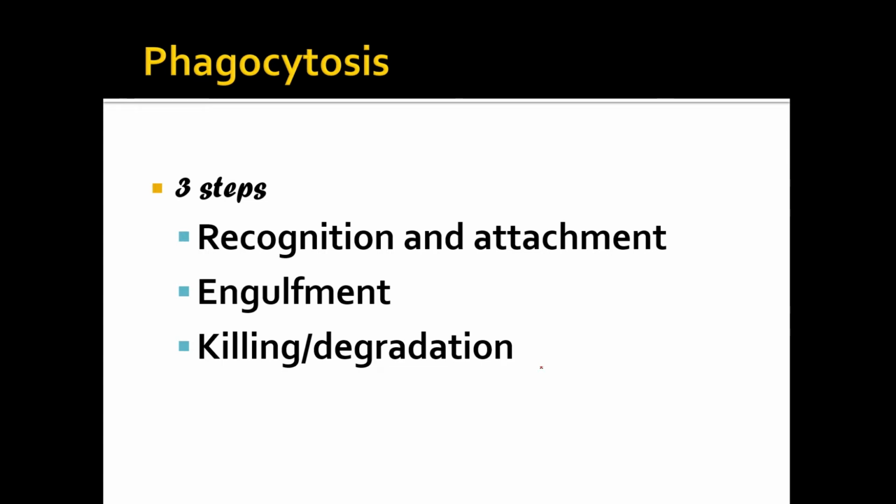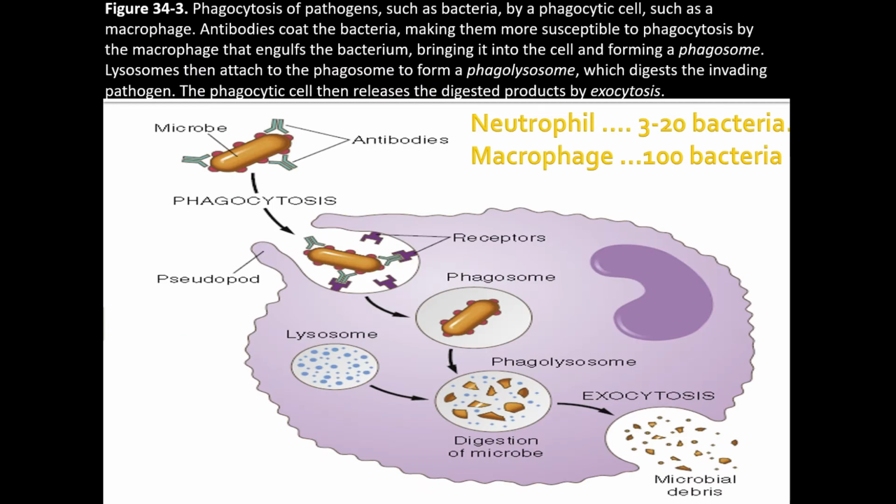Phagocytosis basically consists of three steps: recognition and attachment, engulfment, and killing and degradation. So this is the whole story of how these phagocytes work to remove or kill the pathogens.